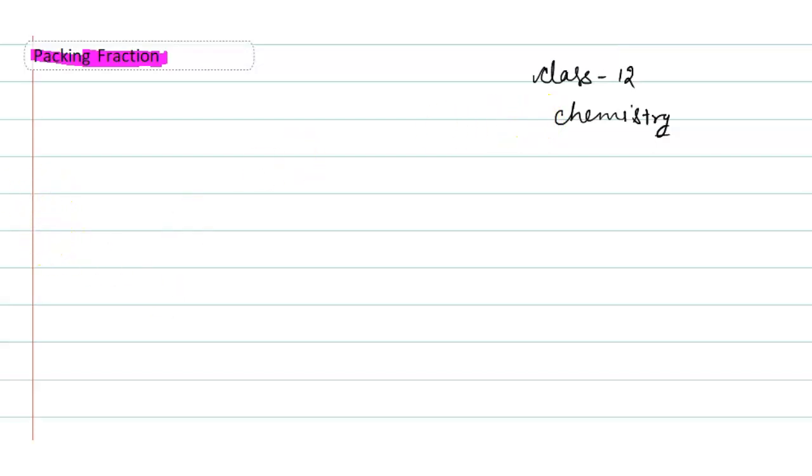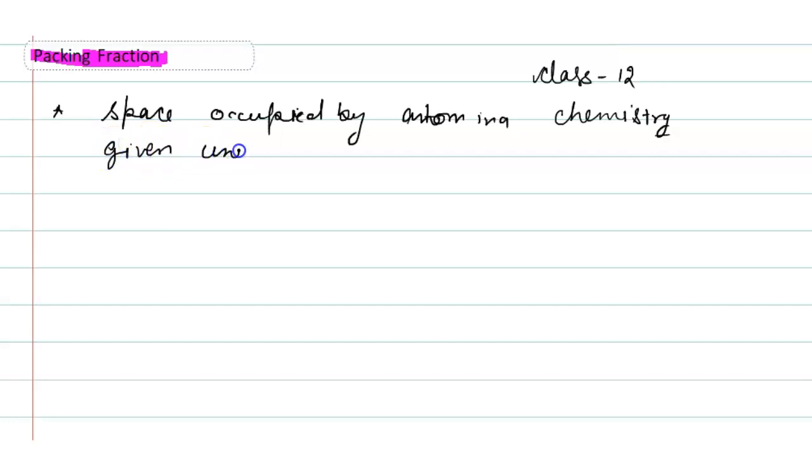So first, the space occupied by an atom in a given unit cell is called packing fraction. Now next, the mathematical formula of packing fraction.